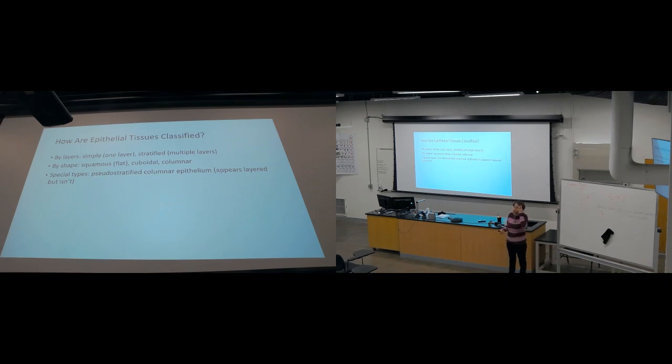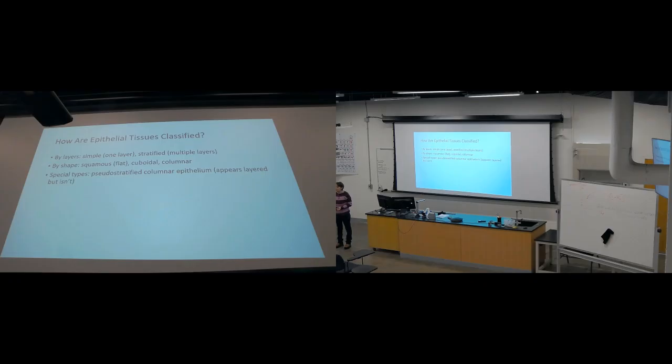And where do we have this type of epithelium where you change from one epithelium to another? It will be in the urinary bladder and also the ureters that carry the urine from the kidneys to the urinary bladder, and also in the urethra.